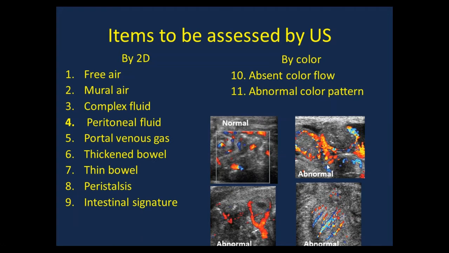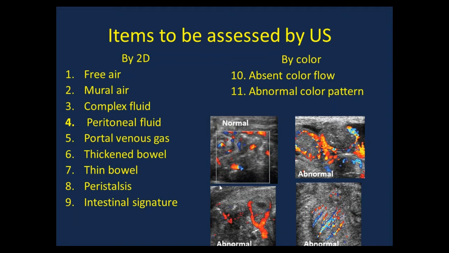And then we have 3 other abnormal color patterns. Can be like circles, that's a sign of hyperemia, or Y-shaped, that's also another sign of hyperemia, or zebra arrangement of color. All 3 of them for sure are very different from the normal looking color pattern.